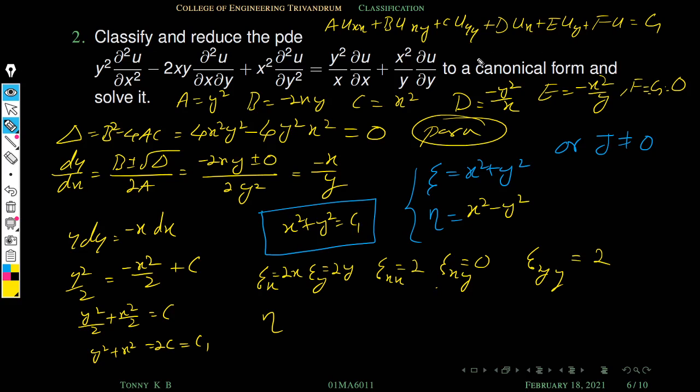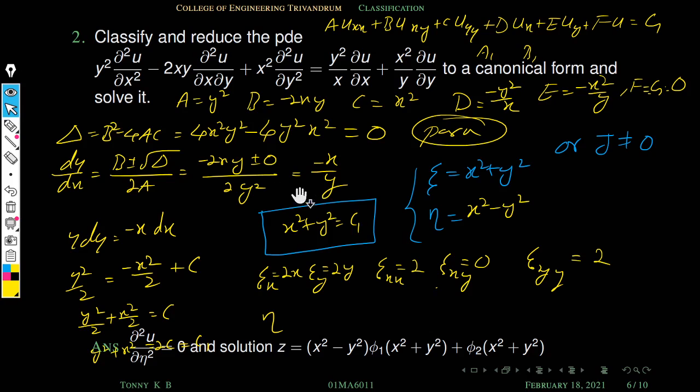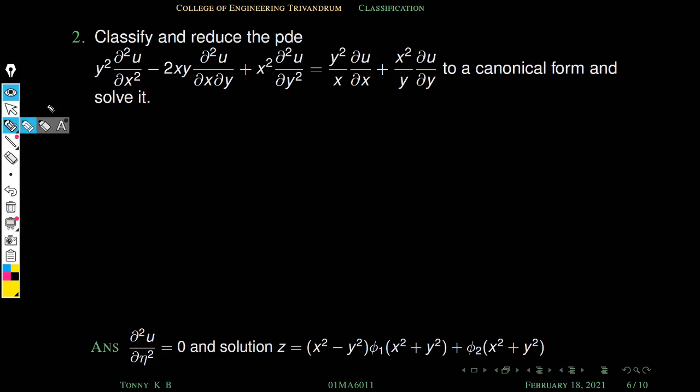Then substitute a1, b1, c1, everything in the standard form of the canonical form. Substitute here, then we get the canonical form like this: dou square u by dou eta square equal to 0.